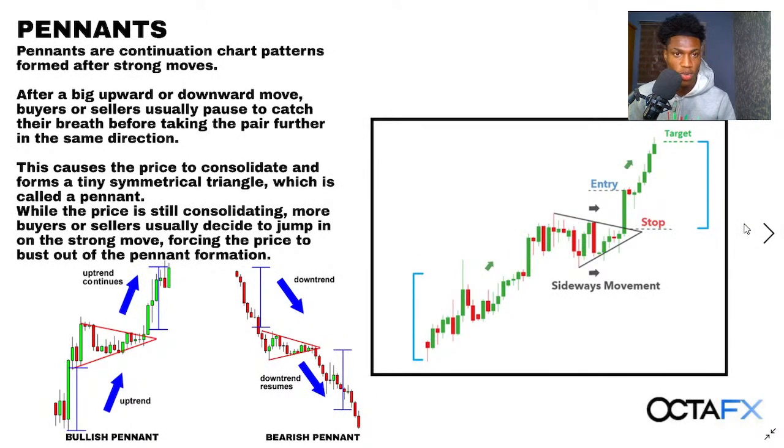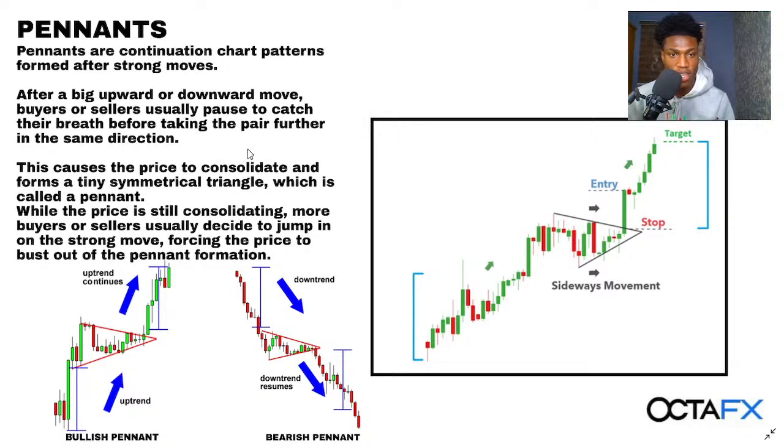The next chart pattern we're going to be looking at is the pennant, and this is still under continuation chart patterns. Now the pennants are continuation chart patterns that are formed after strong moves. For example, after a big upward or downward move, buyers or sellers usually pause to catch their breath before taking the pair further in the same direction.